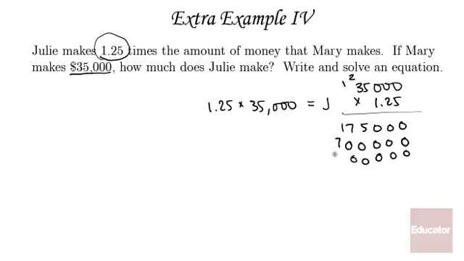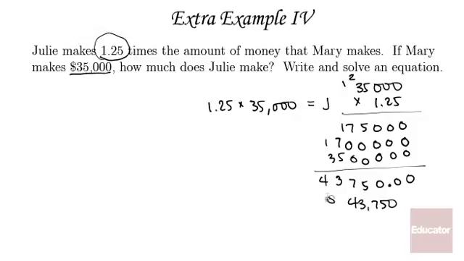And 1 times 35. And 6 plus 7 is 13, and carry 1. 3 plus 1, 43, with 2 decimal places. So $43,750. That sounds correct because she does make a bit more than Mary makes.